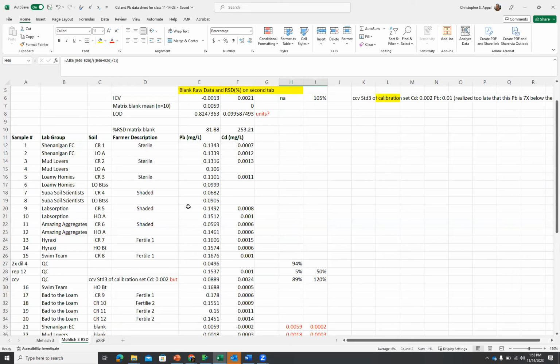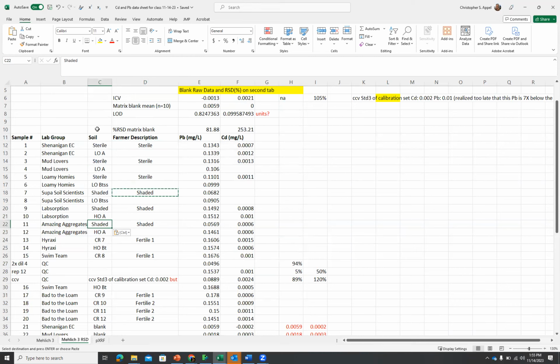In this case, for CR1, 2, and 3, those are sterile soils. So all I'm going to do is move my label over here. I'm just going to call this sterile, sterile, and sterile. And then the other ones, CR4, CR5, and CR6 over here, call those sterile, sterile, and sterile.